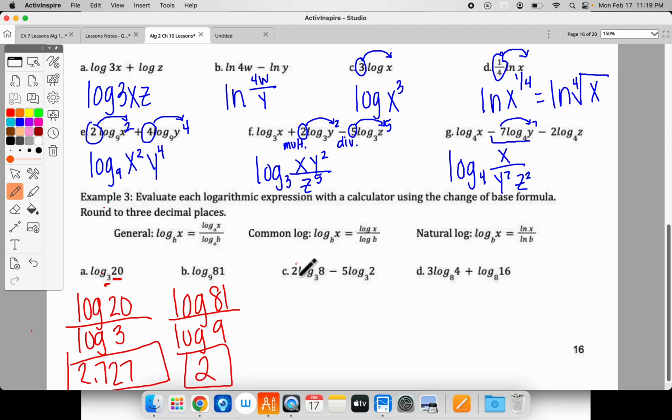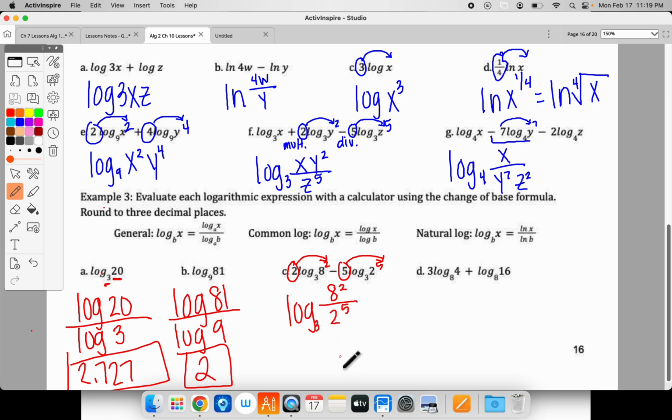Okay, this one's got a number out front. Remember, those numbers are just exponents, so that's 8 squared, and this one's 2 to the 5th. Remember, when it's minus, that changes it to division. So this is why we had to know how to condense. Because if you can't do a base 3 in your calculator, you can't solve this in your calculator. You have to take it to a base 10. So that changes it to 8 squared divided by 2 to the 5th.